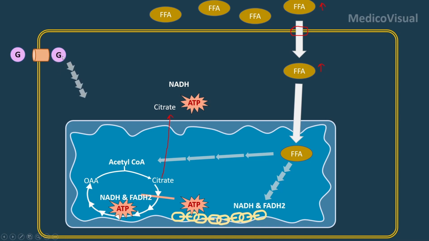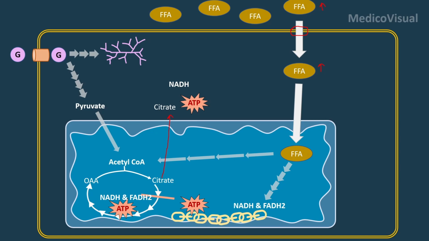And this glucose will be oxidized by the process of glycolysis into pyruvate, and then pyruvate will ultimately form acetyl-CoA. Of course, as glucose is being utilized, and when there is not much need of energy, this glucose will also be converted into its storage form called glycogen, and that process is also stimulated by insulin.